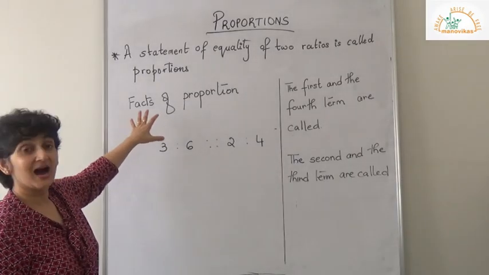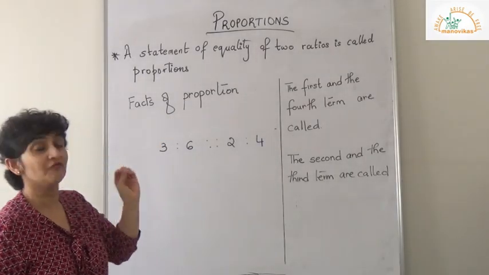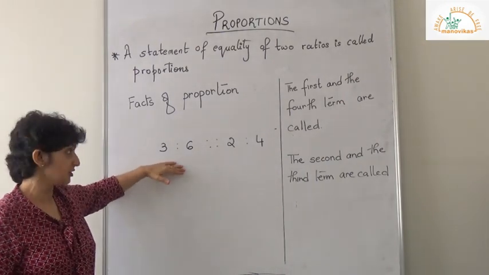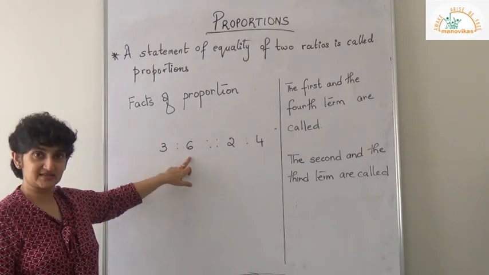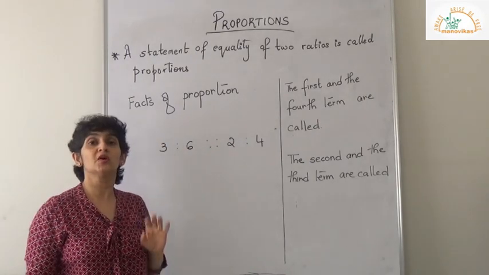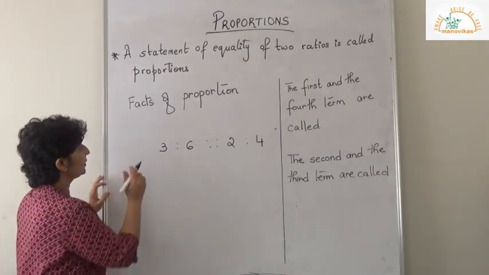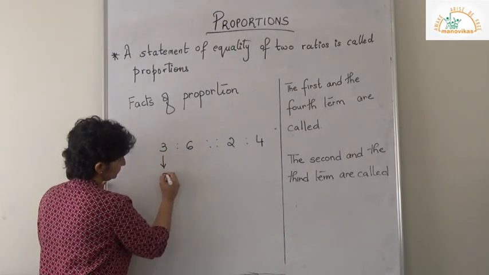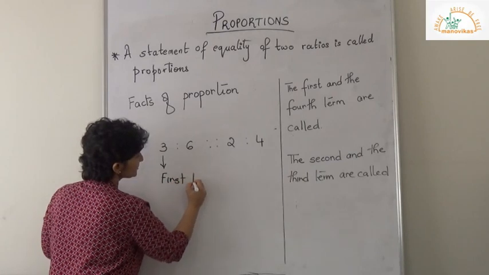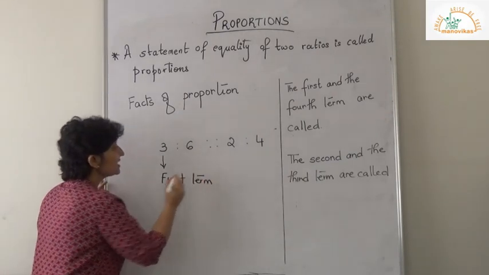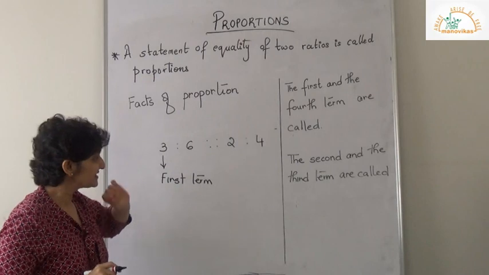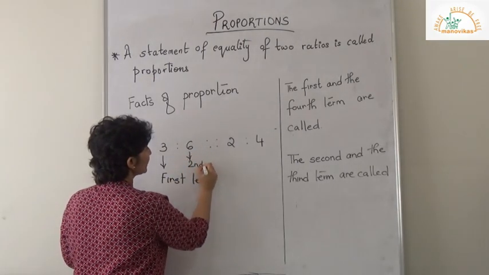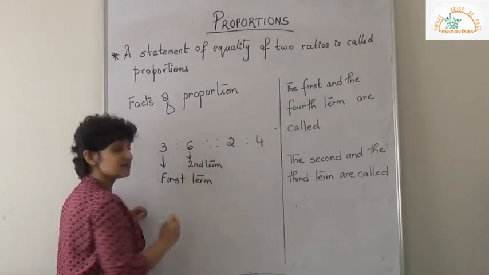Now, let's understand the facts of proportion. Alright, now I have taken an example, children. 3 is to 6 is as 2 is to 4. Now, 3 is my first term. 6 is my second term.